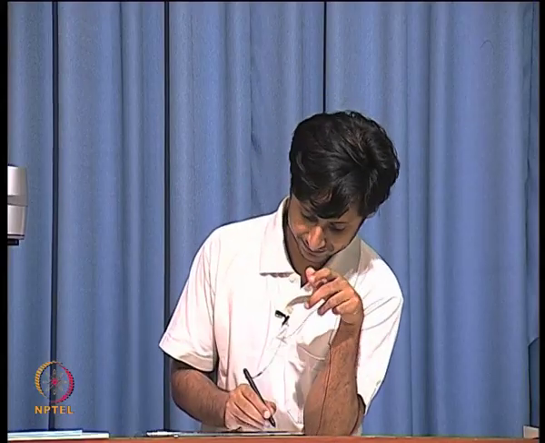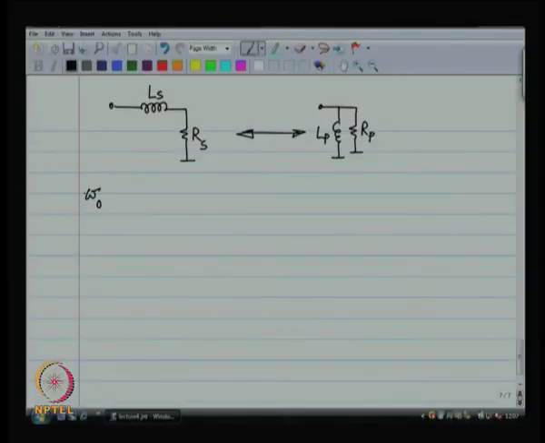So, we have to choose a frequency of interest. Let us pick a frequency of interest omega 0. Okay. Omega 0 so happens to be the resonant frequency of Lp with Cp, which is not yet there.